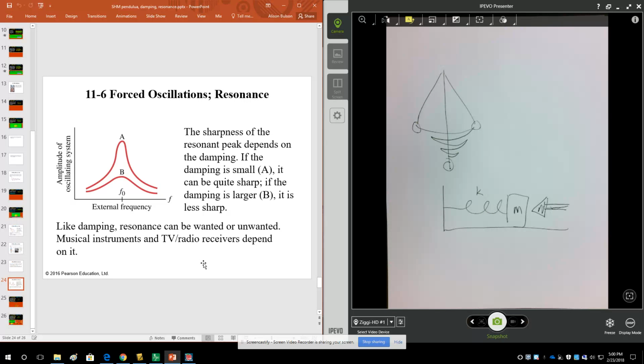In musical instruments, you're really trying to achieve resonance. So like I said, we'll talk some more about that after we've discussed waves. But producing musical sounds is all about achieving resonance. I play the flute, so that's what I think of the most.